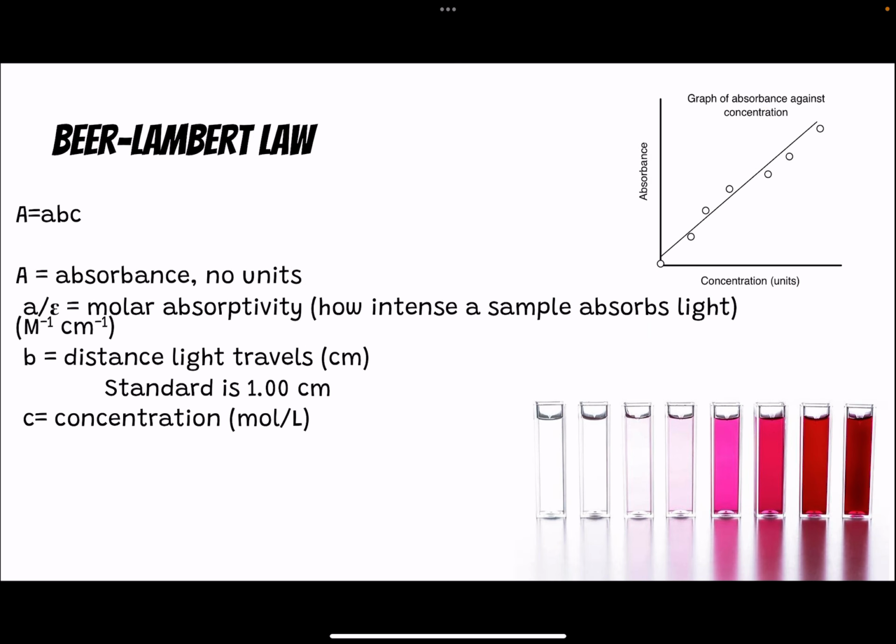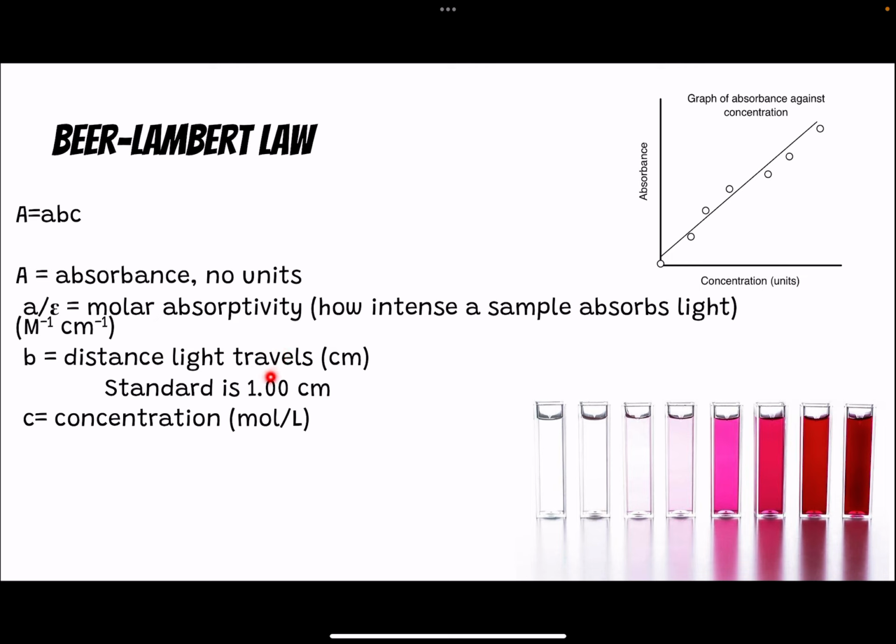So A is absorbance. It never has a unit. You'll see epsilon, that's your molar absorptivity. That's just how intensely a sample absorbs light, which is measured in inverse molar times inverse centimeters. And then b is the distance traveled by the light. That's always going to be 1 centimeter. This is standard for all cuvettes.